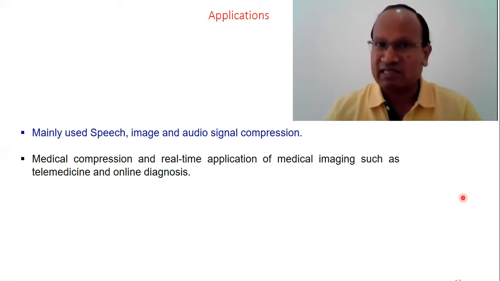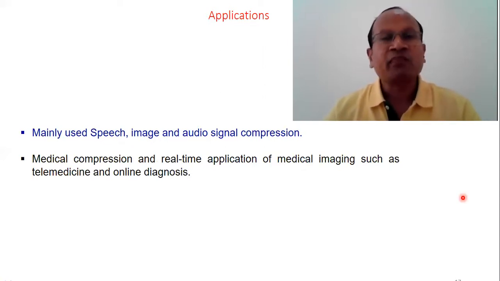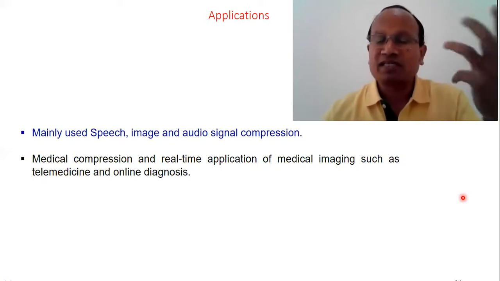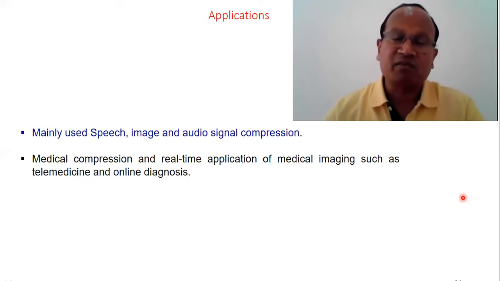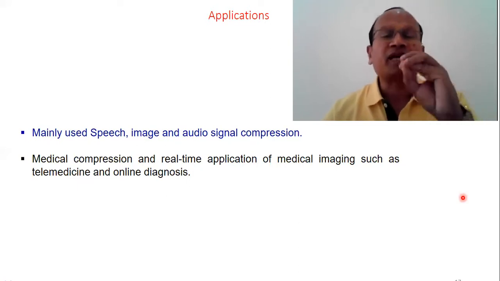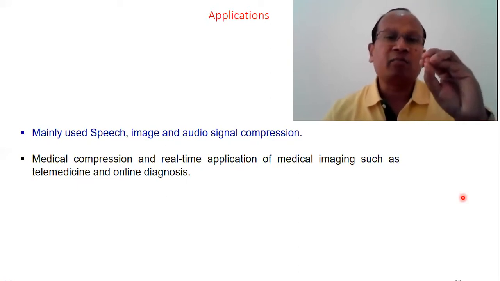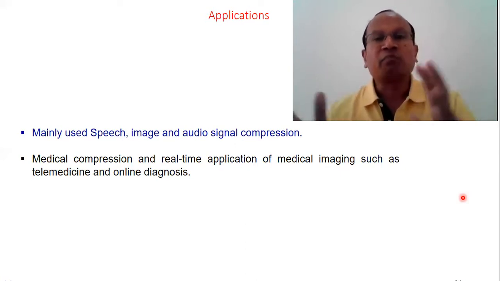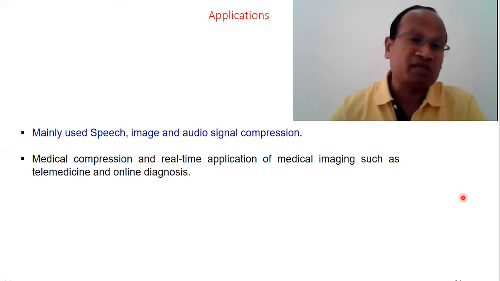For that we need digital signals, and PCM can help us. But PCM requires more bits for converting each sample, each pixel of the images. That would be a lesser requirement in the case of DPCM, and therefore compression becomes easier with DPCM.